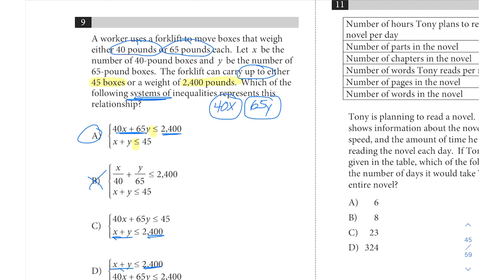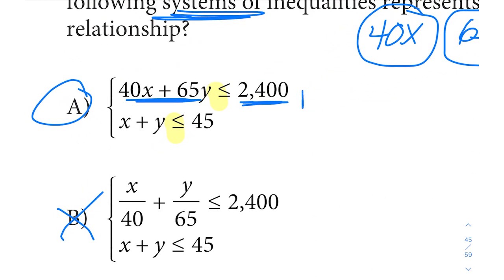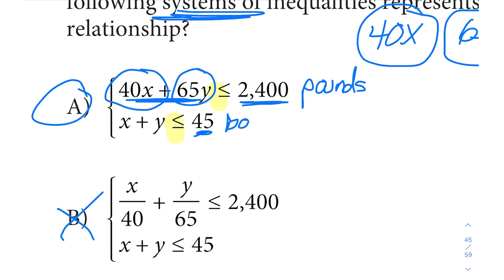And remember, when coming up with these amounts, just make sure that you equate the units. So if you want to figure out 2,400, you're talking pounds, you should see your values for pounds being compared to pounds. If you're talking 45, you're talking boxes, so you should see your values for boxes, which is X and Y, the number of 40-pound boxes or the number of 65-pound boxes.